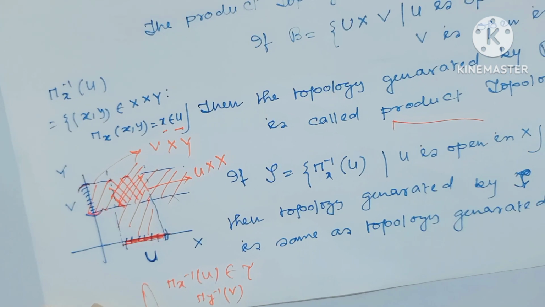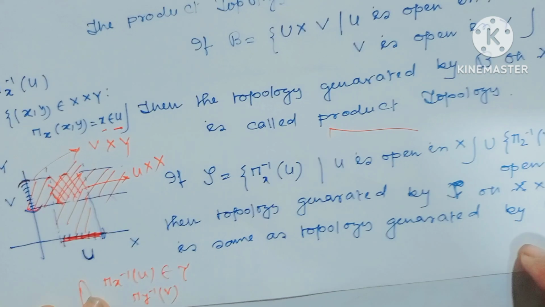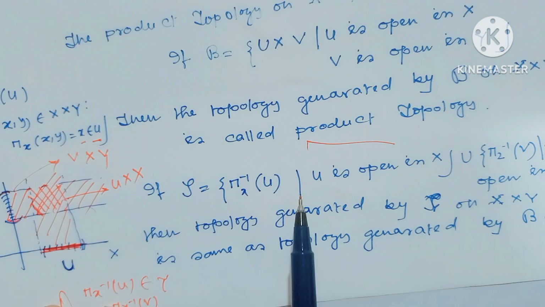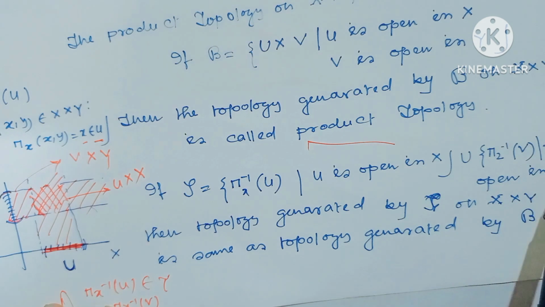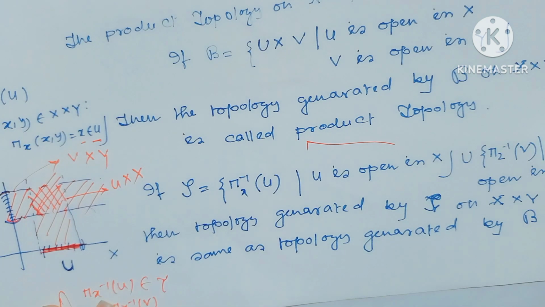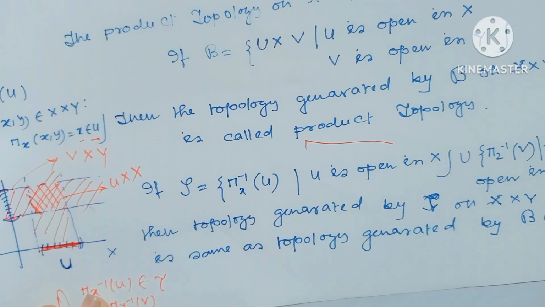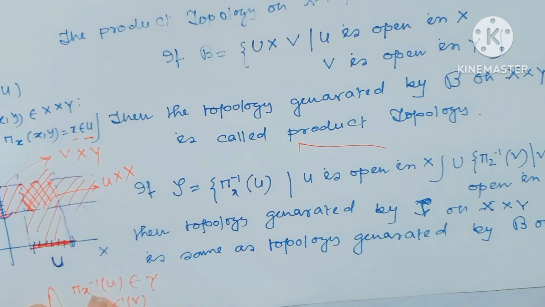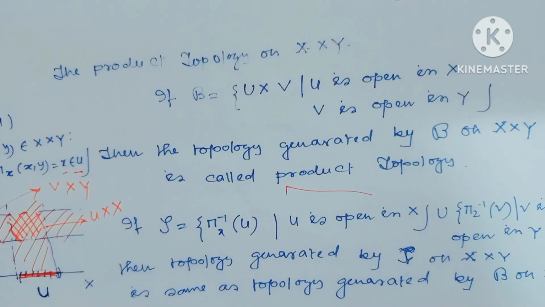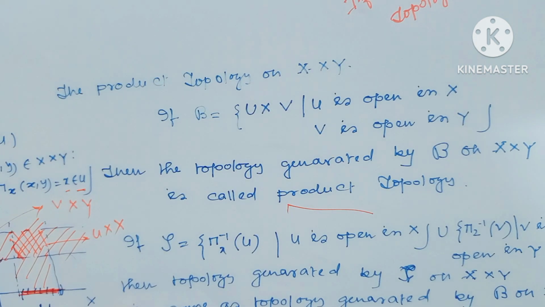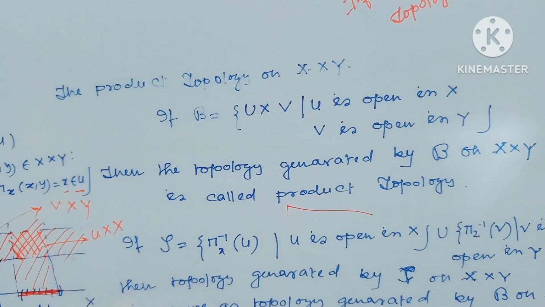That means subbasis are pi X inverse U where U is open in X, union pi Y inverse V where V is open in Y. This is the subbasis, and the topology, product topology is generated by this subbasis also, and this is actually same as the basis B when the product topology is finite.